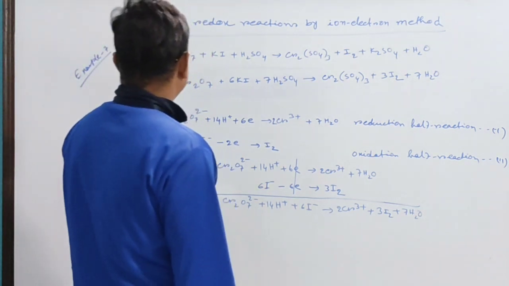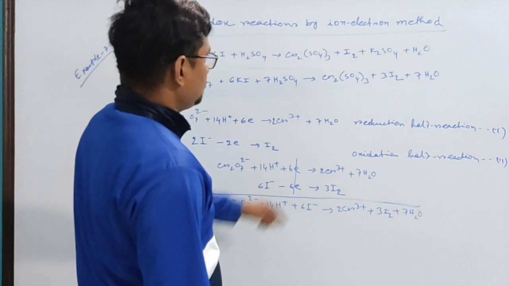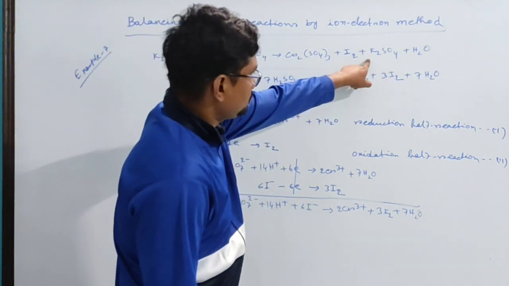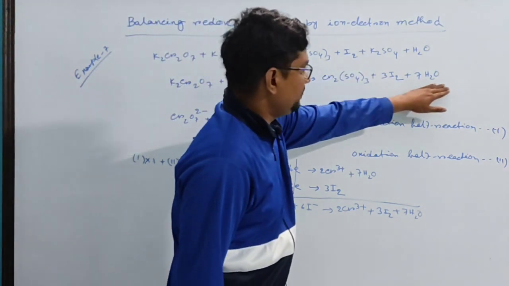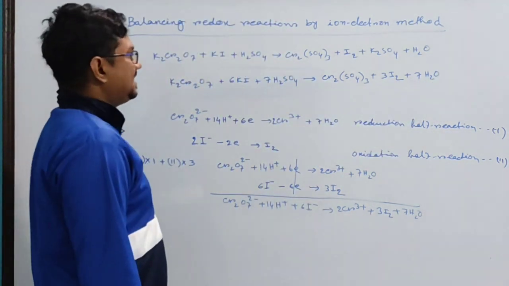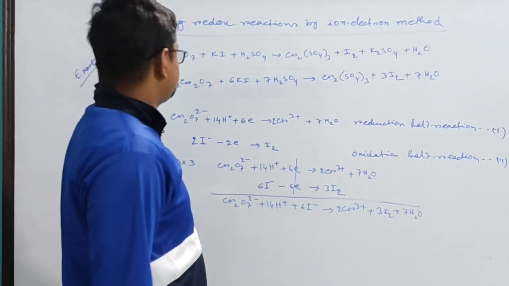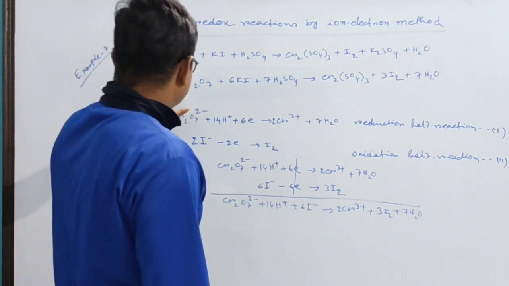So we need to add a K2SO4 molecule. You can check K2SO4 was there in the original reaction, but in the balanced redox reaction K2SO4 is not there. So we have to add K2SO4, but in which number, that you have to count from here.